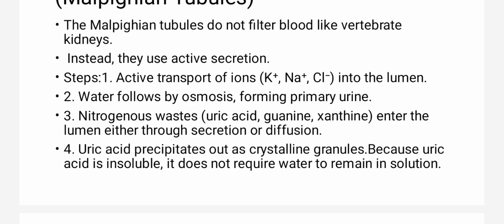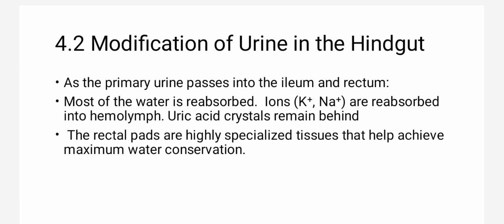Then water follows by osmosis, forming the primary urine. Nitrogenous wastes like uric acid, guanine, and xanthine enter the lumen either through secretion or through diffusion. Uric acid precipitates out as crystalline granules. Because uric acid is insoluble, it does not require water to remain in solution.